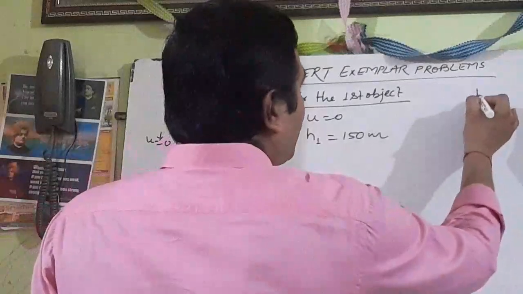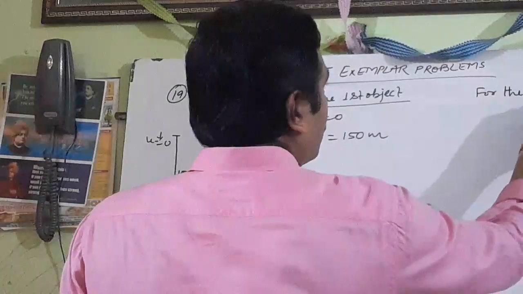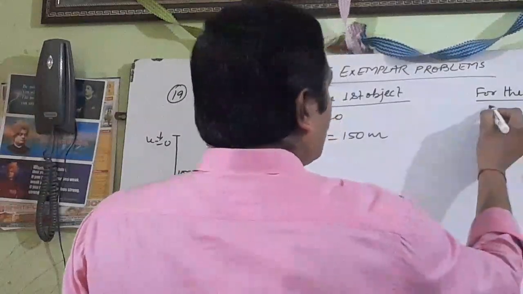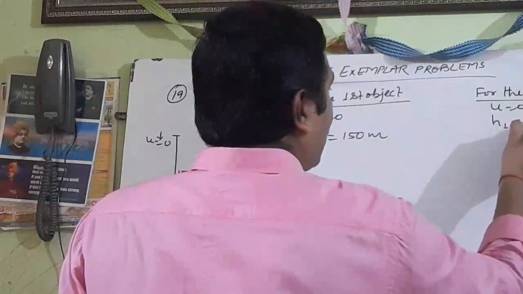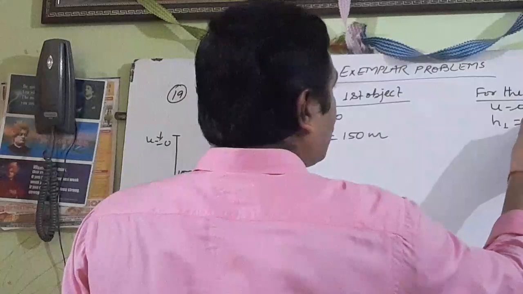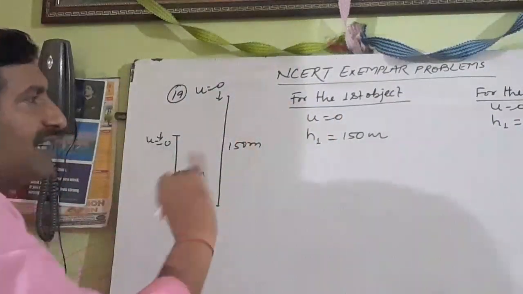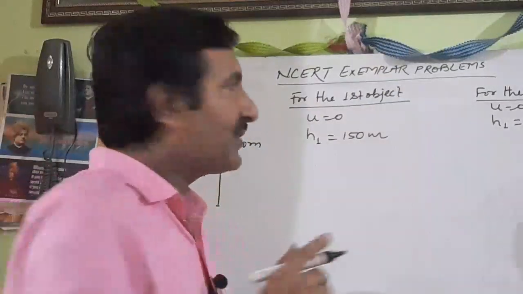For the second object, u is equal to 0 and initial height h1 is equal to 100 meter. So what is the difference between the two heights? Means the distance between the two objects.